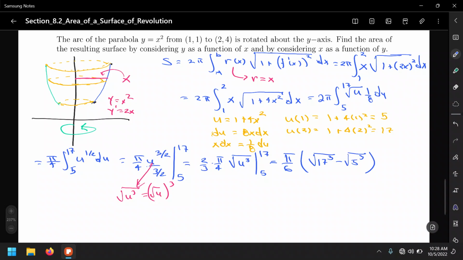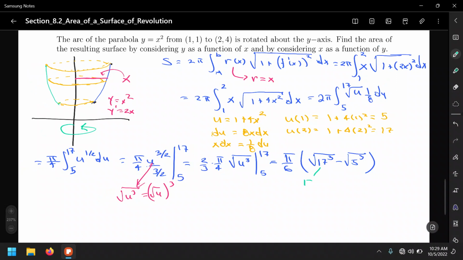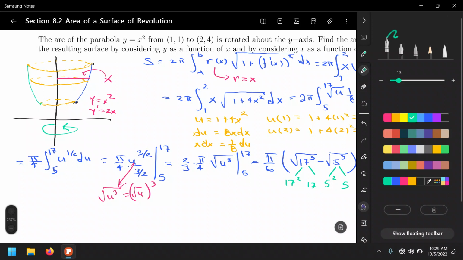So we need to break up this 17 cubed the following way: 17 squared and 17, 5 squared and 5. And from here we will factor out the perfect square that's going to go outside of the radical.